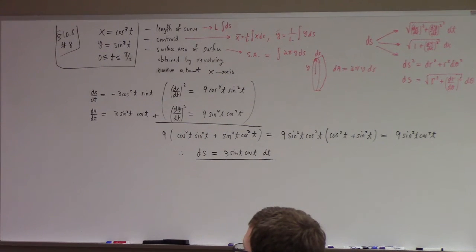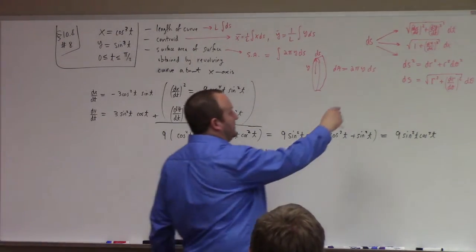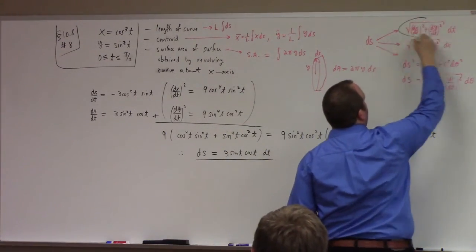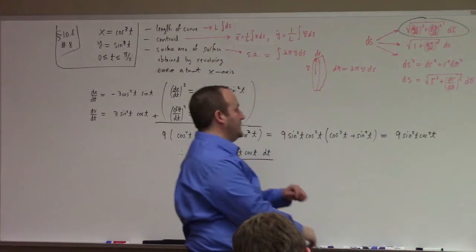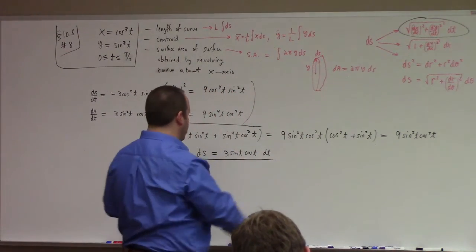Okay, I was making fun of all of us. Honestly, I did that one on purpose. I do make mistakes from the heart, but this one was from my mind. So is this an issue here? I just took the square root of something squared. Am I in danger? Because for ds, I'm using this guy up here, and the square root of that gave me this.